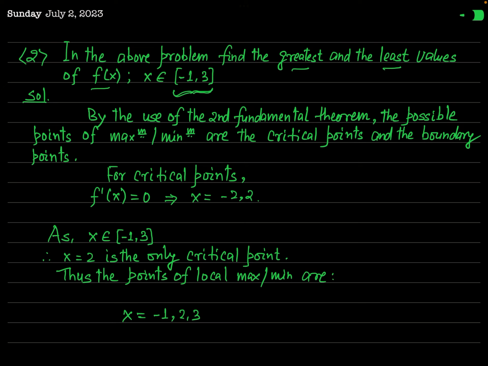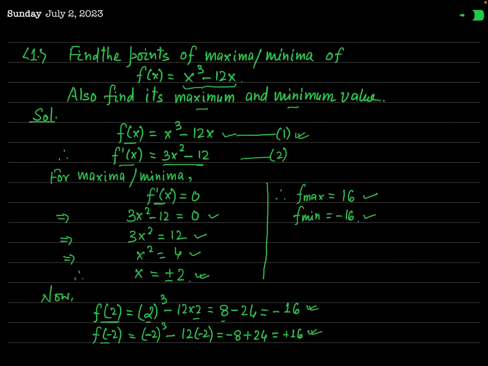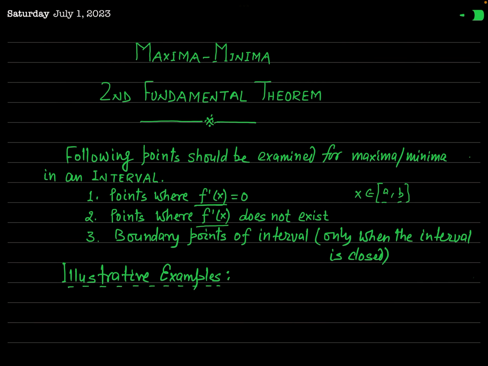So here we will need the concept of the second fundamental theorem. Actually, by the use of the second fundamental theorem, we can locate the points of maximum and minimum, and these points will be the critical points and also the boundary points, as I have told you. When I told you that if you are given that x belongs to [a, b], then while finding the maximum and minimum value, first of all we have to find the critical points.